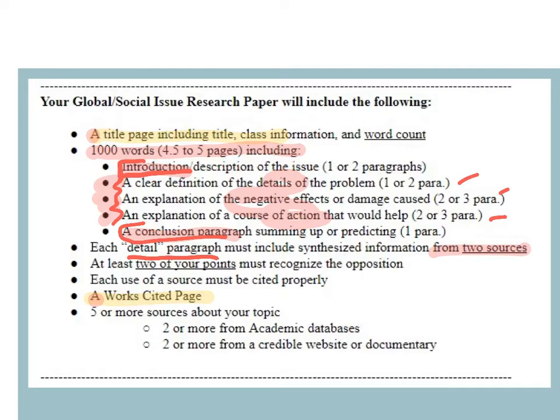Now, if there is a paragraph that doesn't have 2 quotations in it, that somehow doesn't have synthesis in it, if there's one of those, don't worry about it, okay? If there's 2 of those, well, hopefully everything else is written nice and clean and solid, so that won't matter. If you don't have at least 3 of your paragraphs including the synthesis, then you can turn it in, or you can talk to me, and we can make it more appropriate, okay?